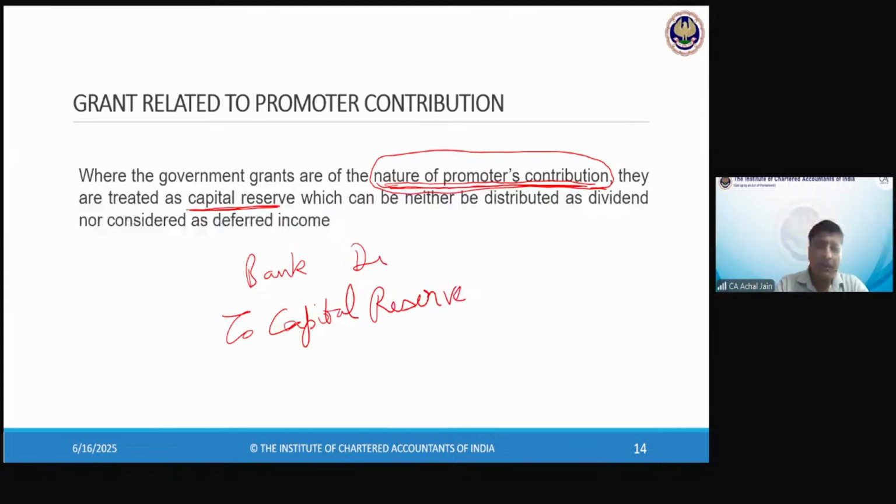This capital reserve will go to reserve and surplus. Do we amortize this? No. Capital reserve we understand is a restricted reserve, which can be utilized for very limited purposes. So that's why it will not be amortized. It will stay as it is. That's it. As simple as that.